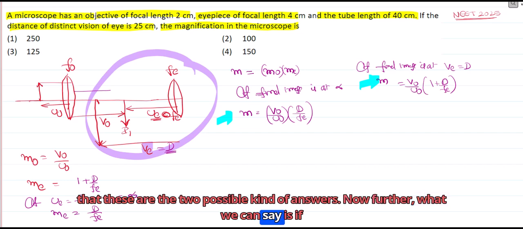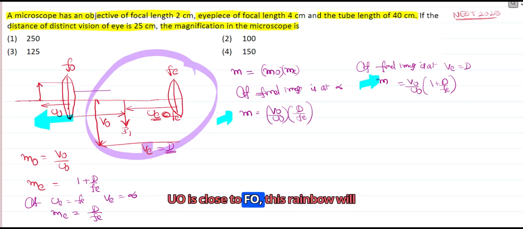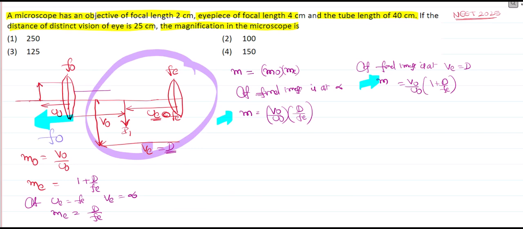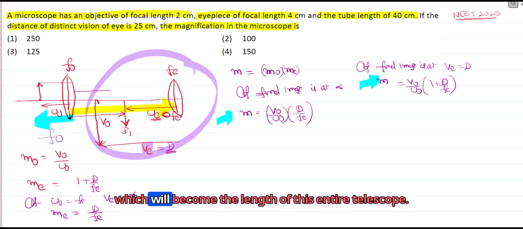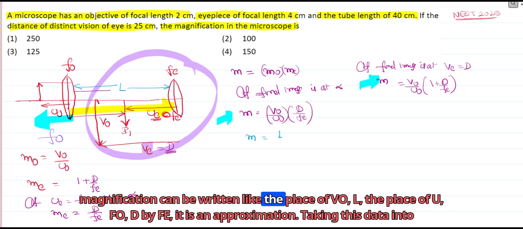Now further, if this UO is close to FO, this VO will move close to this place, which becomes the length of the entire tube. In that case, magnification can be written with L in place of VO, FO in place of UO, times d by FE. It's an approximation.